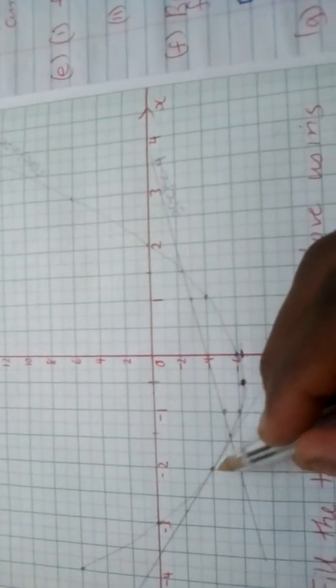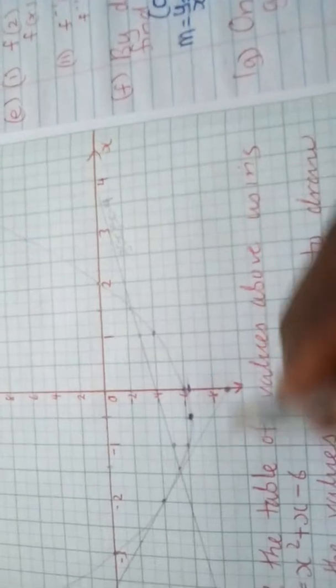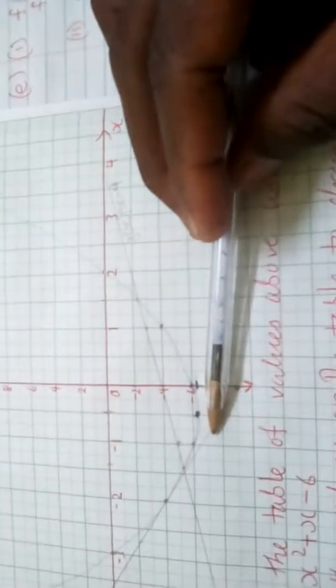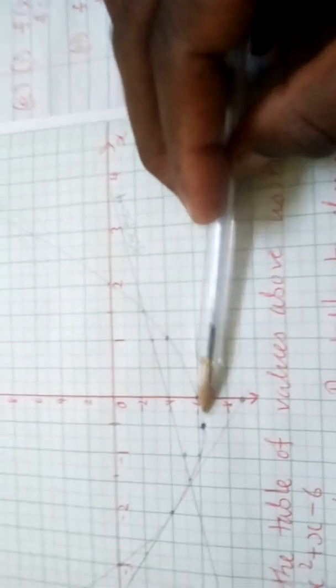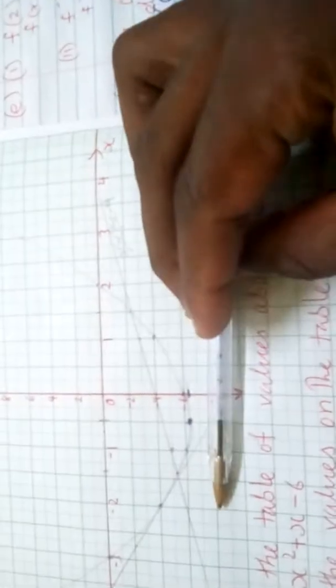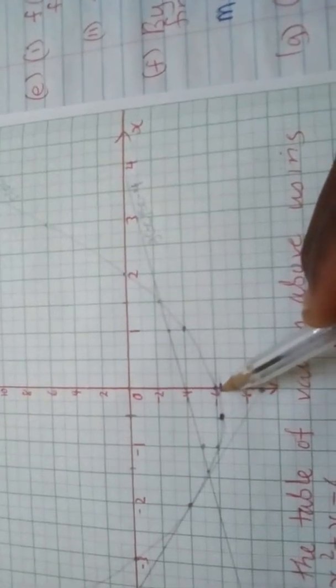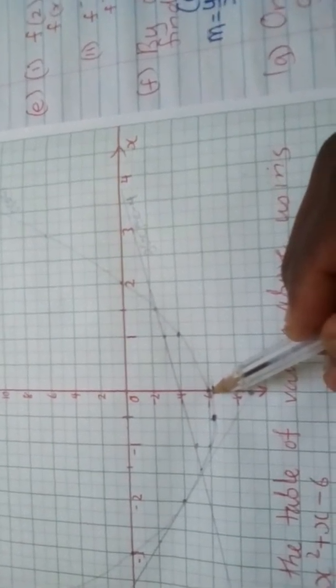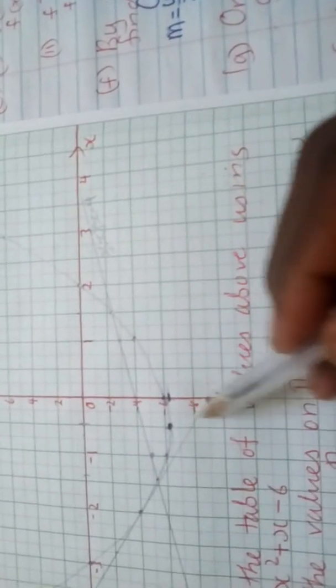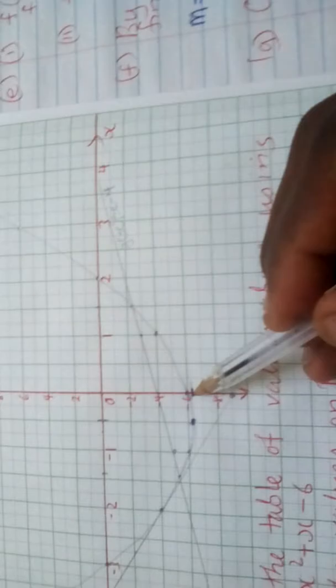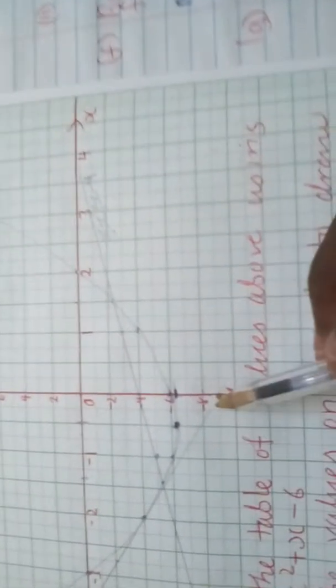Why? Because our curve is turning upwards, meaning we don't have the graph below. So all the values below negative 6.4 will have no solution. Hence, all values above negative 6.4 have two solutions, and all values below negative 6.4 have no solution.